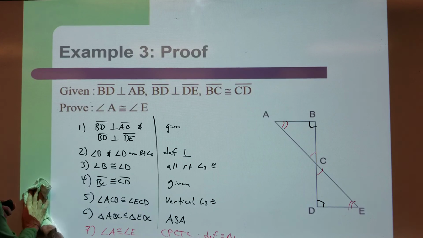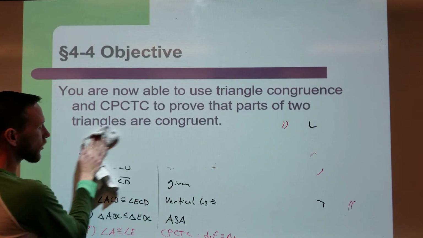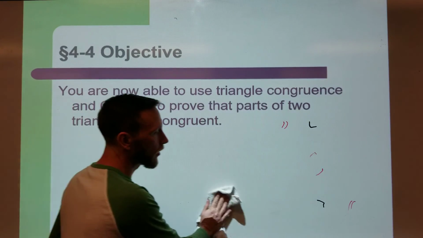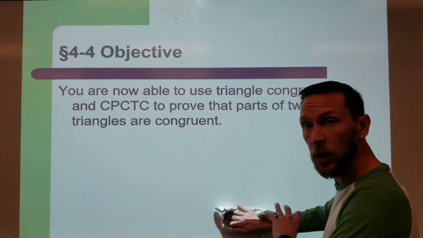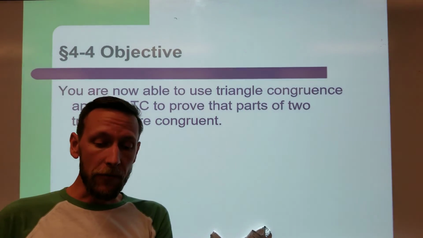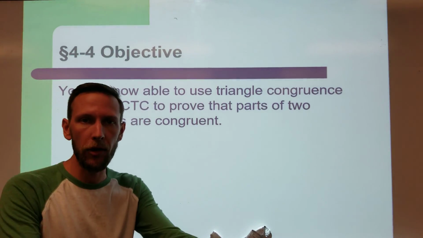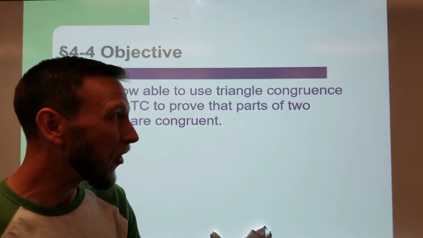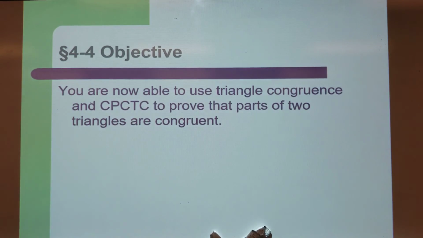All right, so those are kind of the goals for the 4th lesson, to make sure that we can first prove triangles congruent, doing what we've already been practicing at length, and then go one step further to say, hey, now that I know that these triangles are congruent, I can use lesson 1 to say that all these other parts are also congruent to each other. That is lesson 4.